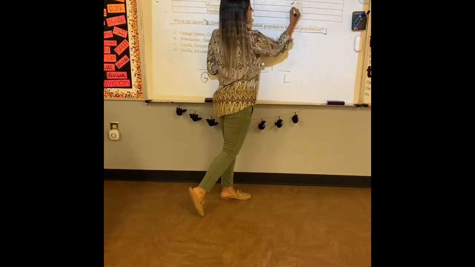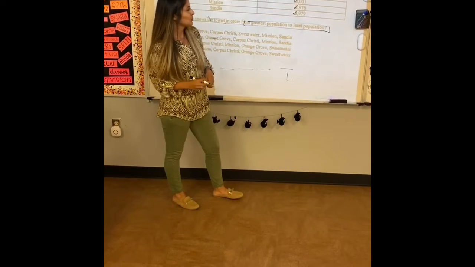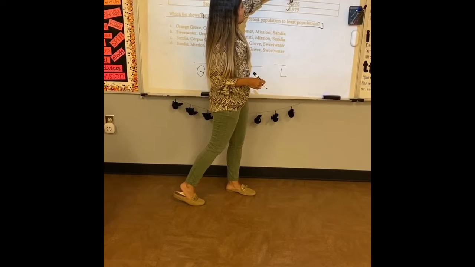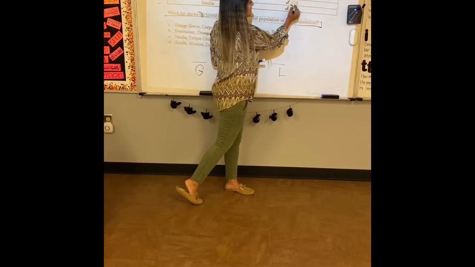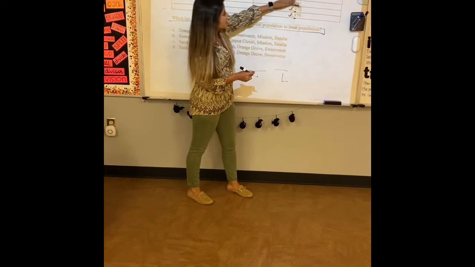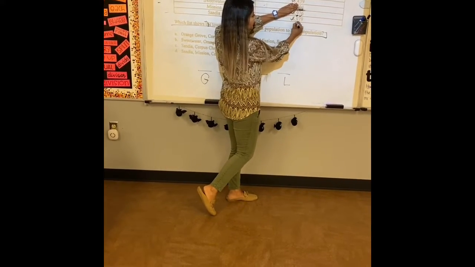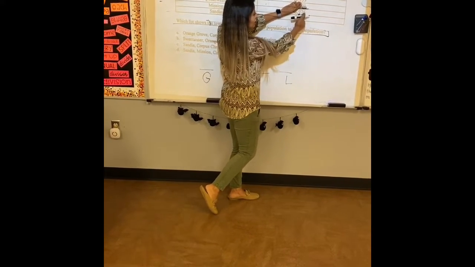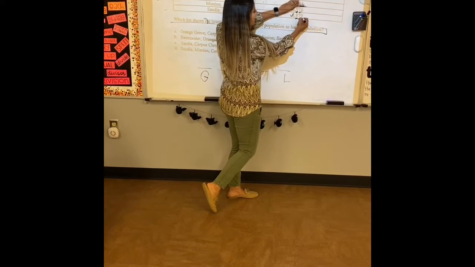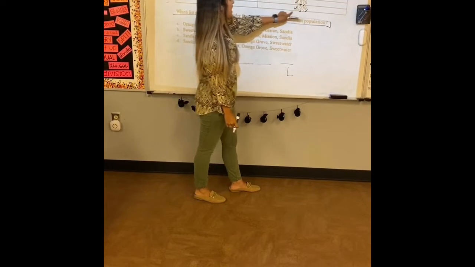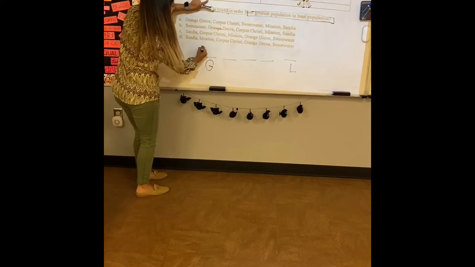We have 8 thousands going all the way down. We'll go to our next place value. We have a 1, 4, 0, 9, and 9. Well, we know that the 9s are the greatest, so let's just take a look at these last 2 right here. The 7s are also the same, and then we have a 6 and a 9. Well, we know that 9 is the greatest. Okay, we want to know which town does that belong to? Belongs to Sandia.